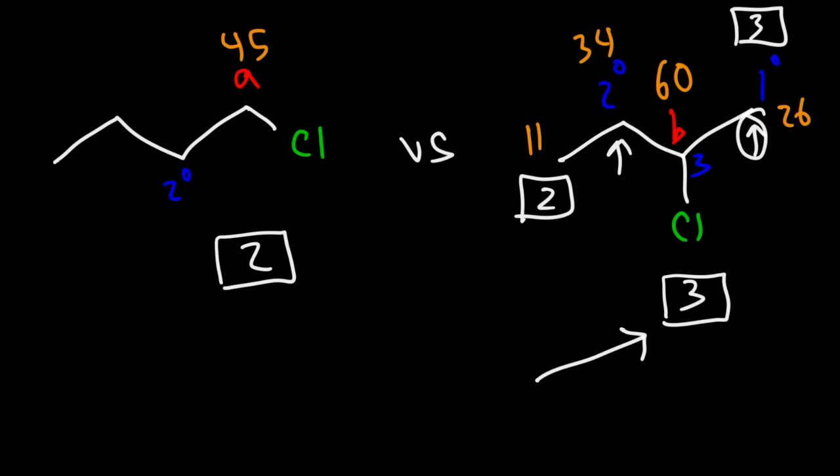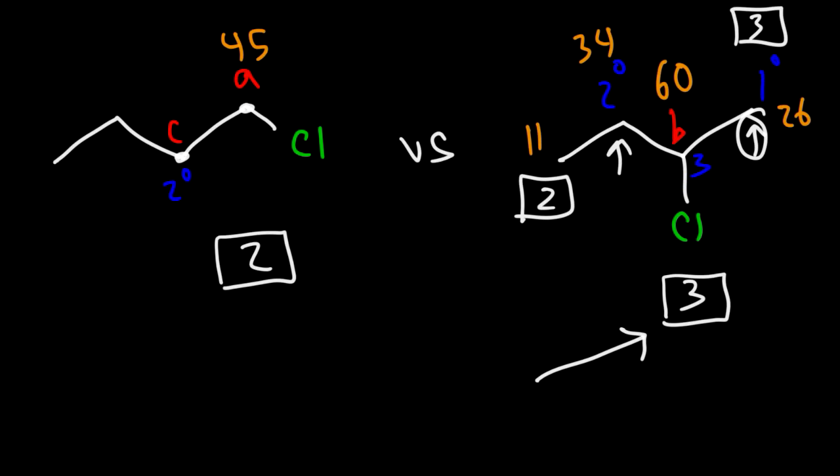Now let's look at 1-chlorobutane. Let's compare these two carbons. Let's call it carbon A and carbon C. Carbon A has the chlorine atom, but carbon C has a higher score value. So which one will take priority? The proximity effect to an electronegative atom or the score system?